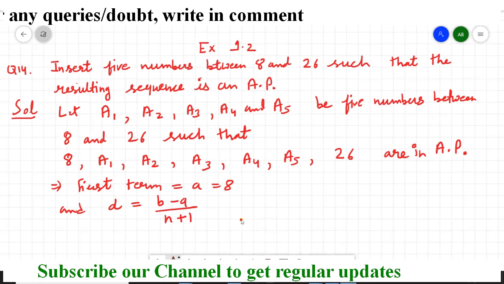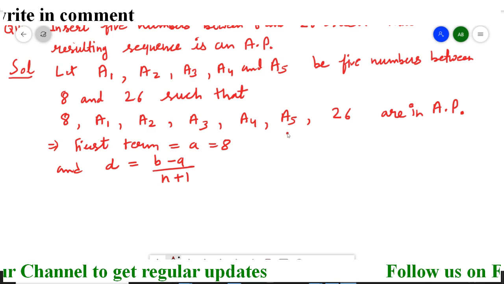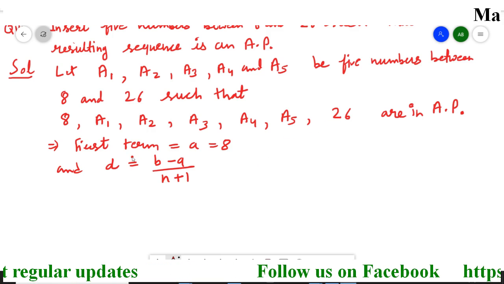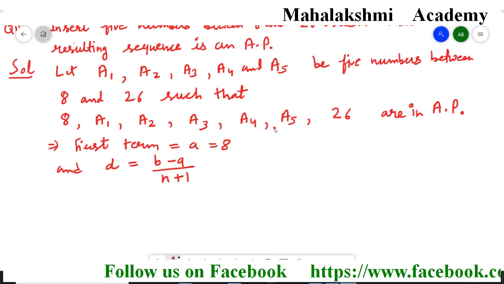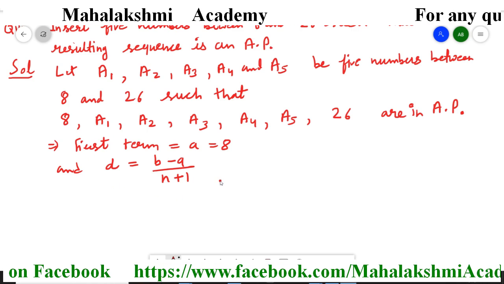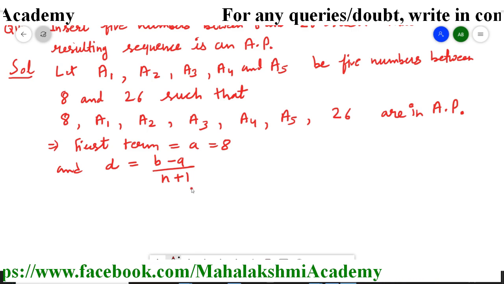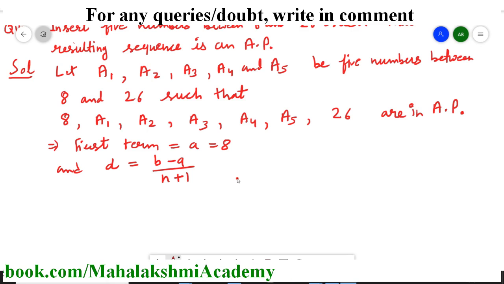Now A means 8 and B is the last term, that is 26. N means how many arithmetic means we had introduced here. So how many means we had introduced here? 5. So N is 5. This formula we took from the arithmetic mean, available in the NCERT book. From that I am just using it directly.